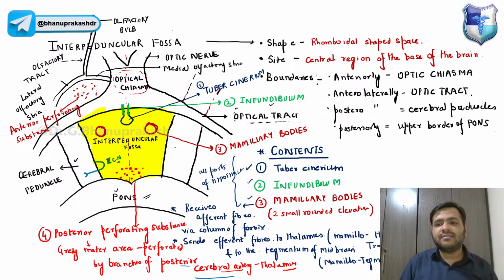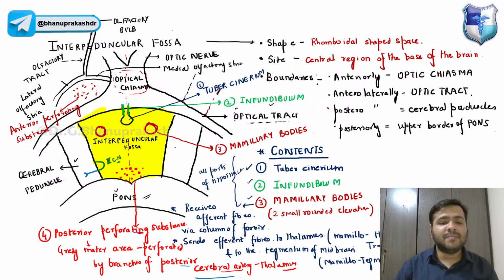Just to tell you guys, this anterior perforating substance is in the base of each cerebral hemisphere. It is located more anteriorly than the posterior perforating substance.